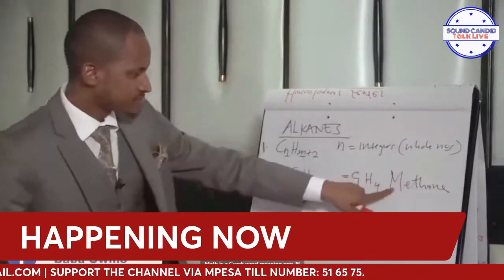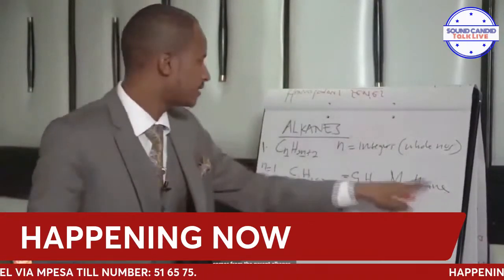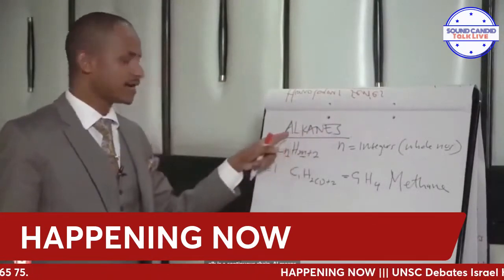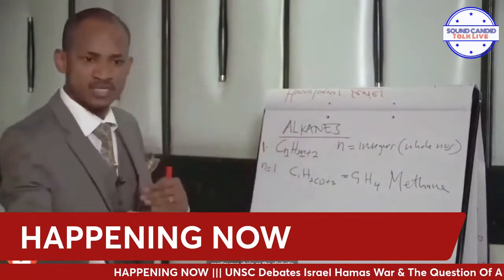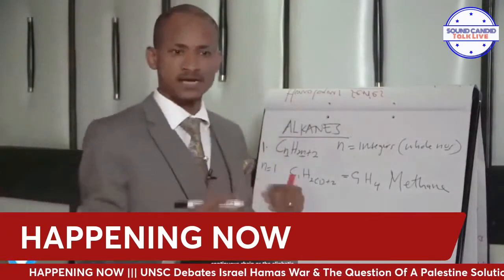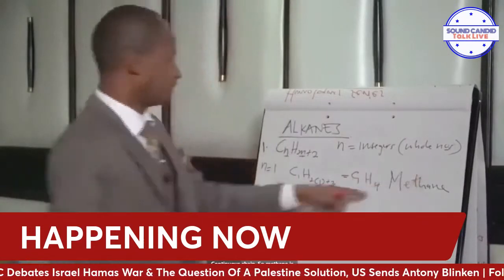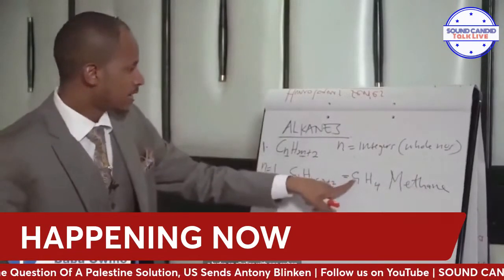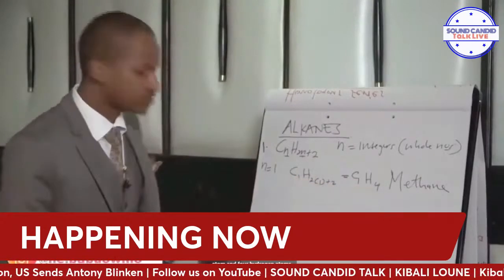Meth is a Greek word meaning one. Ane comes from the parent alkanes. Alk means a continuous chain, or the aliphatic compounds. So methane is an alkane with 1 carbon atom and 4 hydrogen atoms.